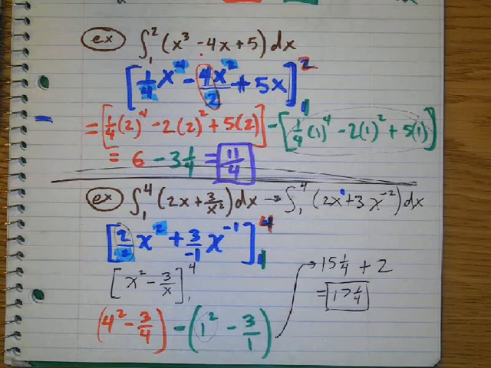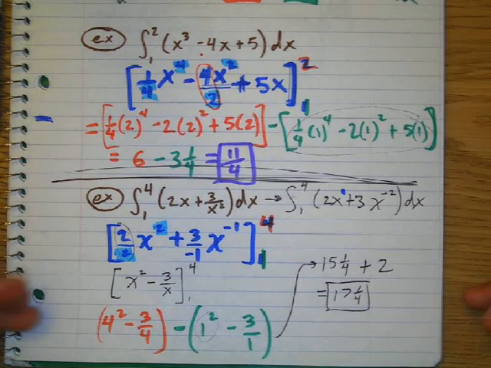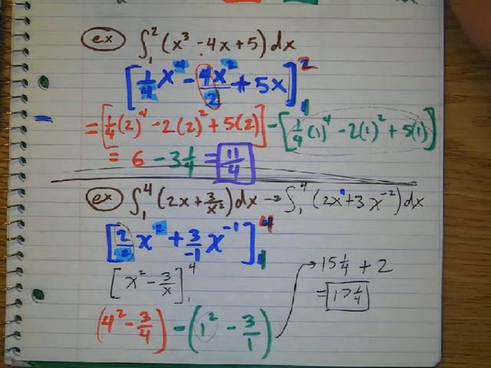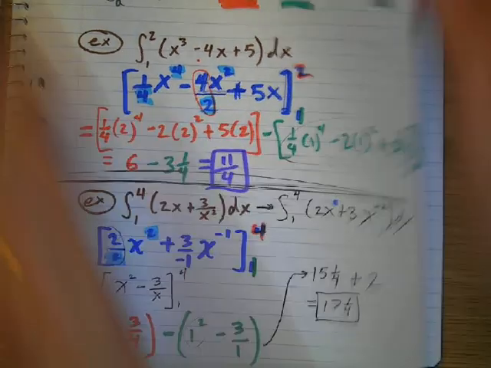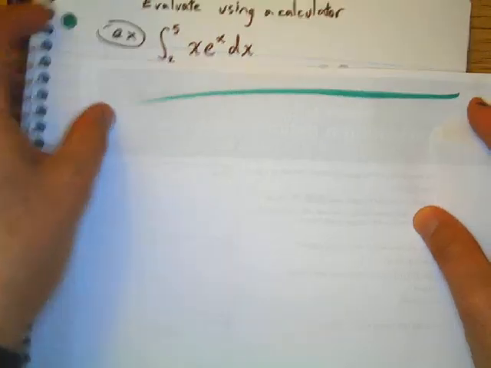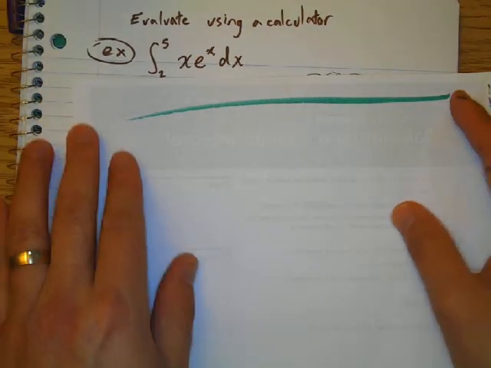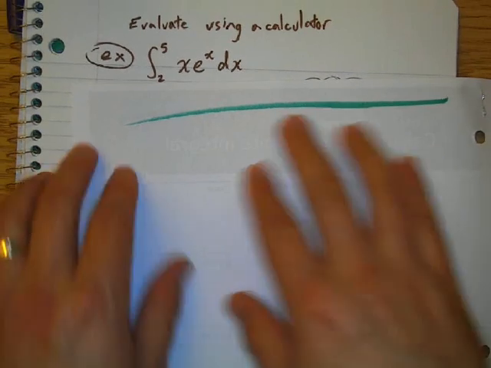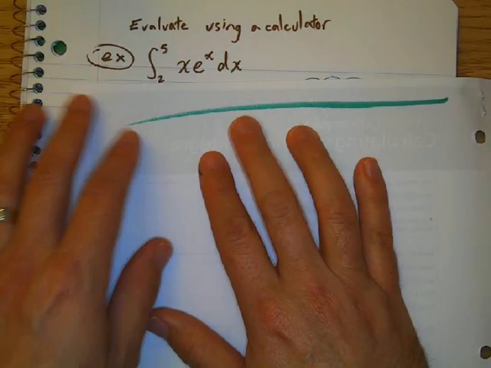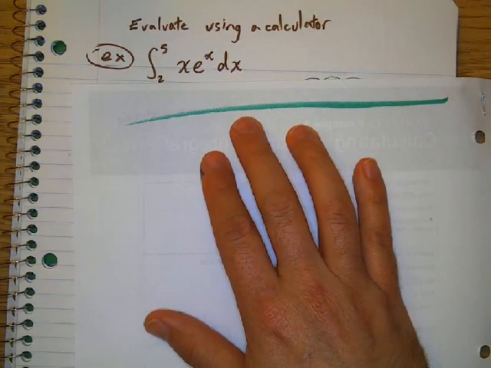Okay, so here we've analyzed the definite integral. Now let's do an example where we've got to use a calculator. This one here, you're not going to be expected to do by calculating the antiderivative, because the calculator can do this for you.